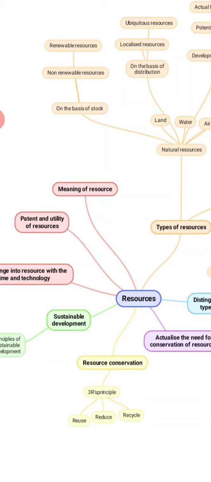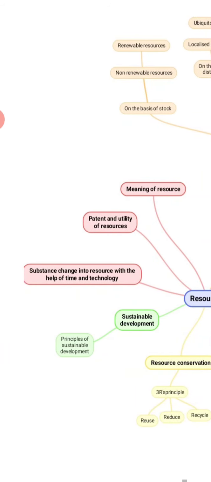Utility means use. Patent means an exclusive right over any idea or invention. Value means worth. Then we have learned how a substance changes into a resource with the help of time and technology.